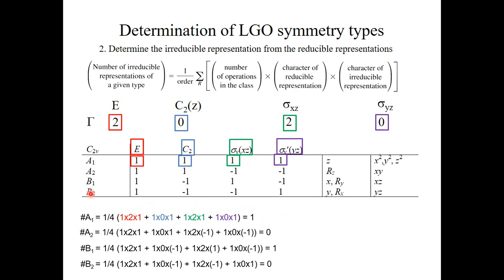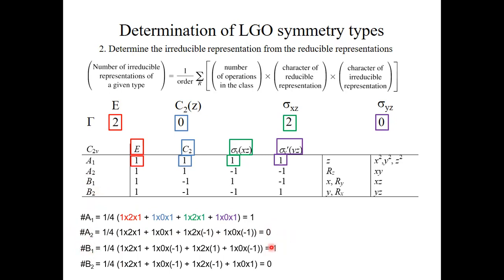So here's the result. If we apply the formula to the symmetry type A2, we would find that the number of irreducible representations of that type is 0. That means no ligand group orbital has the symmetry type A2. So for B1, we find that the number of irreducible representations is 1.